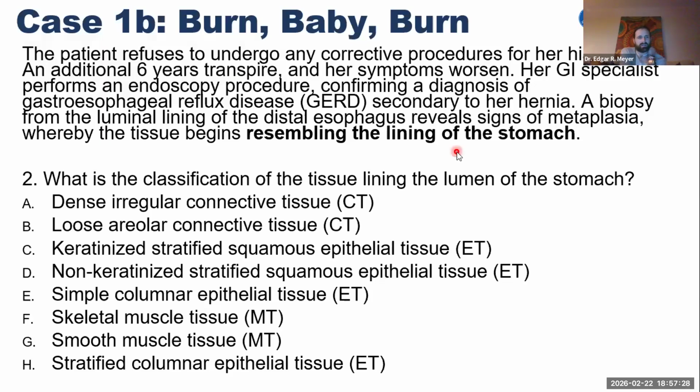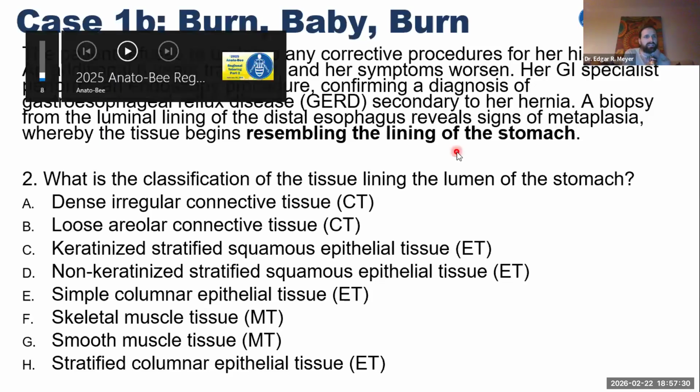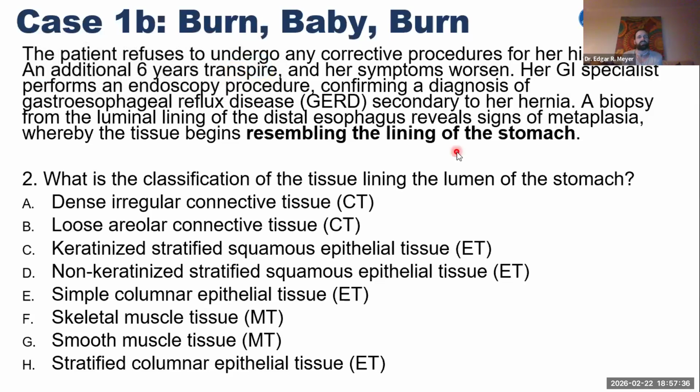All right, so it looks like the answers that we're getting are a nice 50-50 of the two tissues that are juxtaposed with each other in this situation. So the lining of the stomach is actually going to be a simple columnar epithelial tissue.